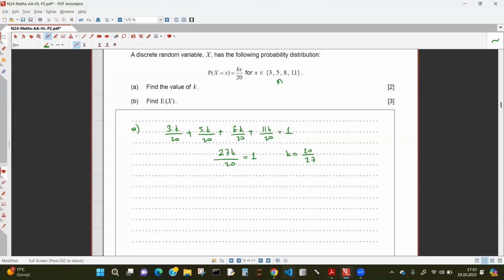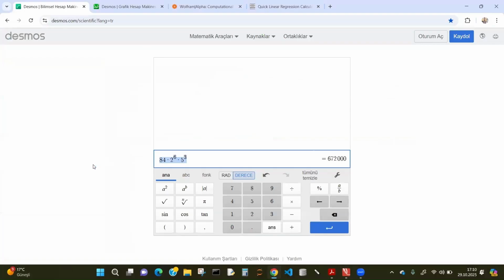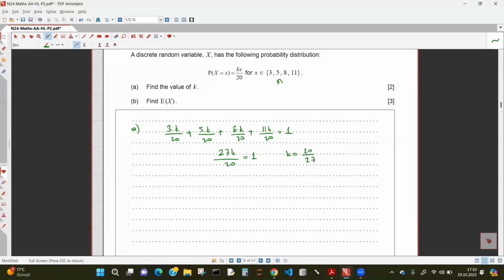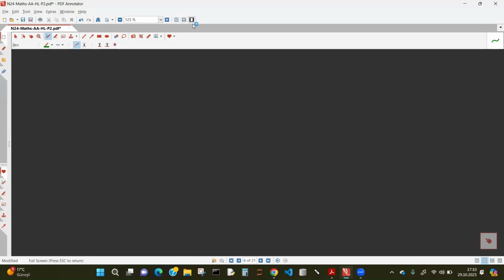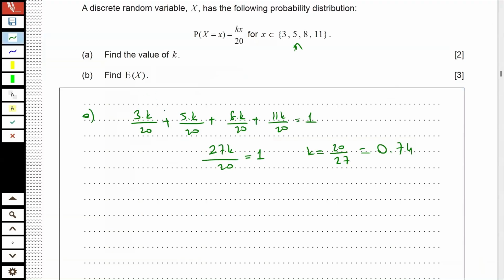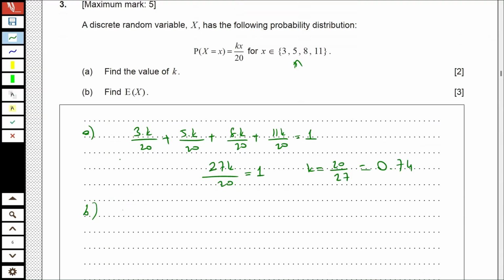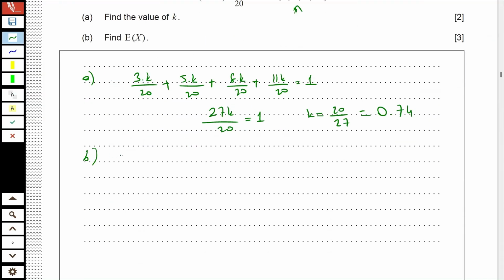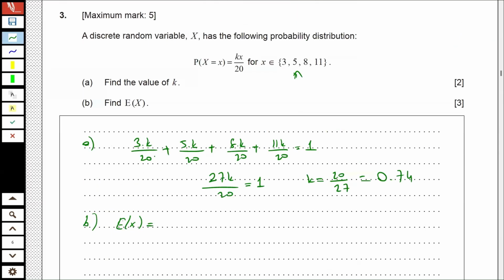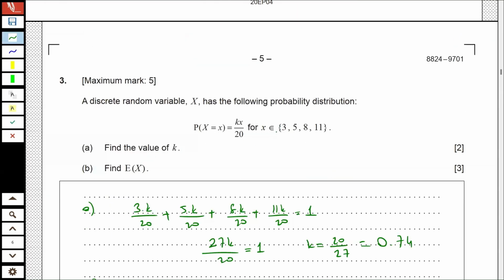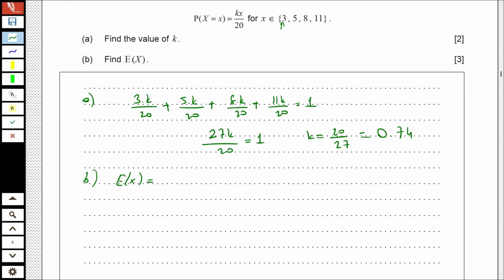Let's also find this: 0.74. And find the expected value. Yeah, expected value is you are multiplying the probability of these numbers by itself.